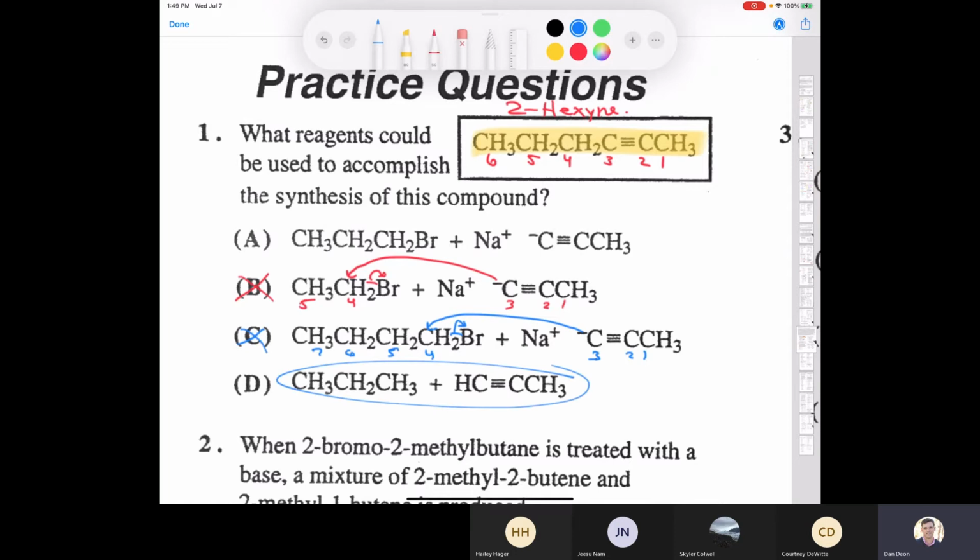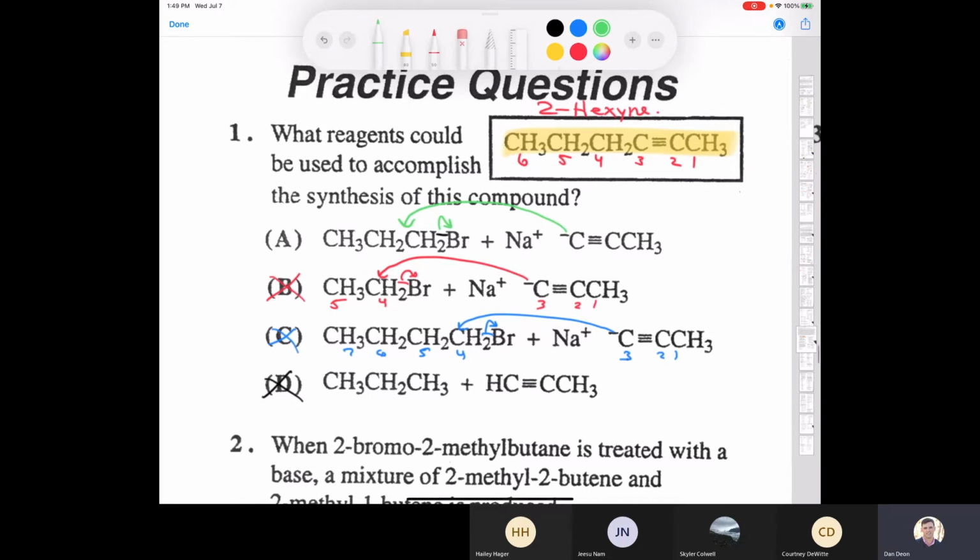The problem with D is that there's no nucleophile and no electrophile. That's just 2 hydrocarbons mixed together. That's not going to be doing anything at all. Whereas in A, we're perfectly set up, and forgive me for this very short sigma bond here, but I'm just trying to show you that this is set up for a beautiful SN2 reaction like this to give us our desired molecule, which is 2-hexyne.